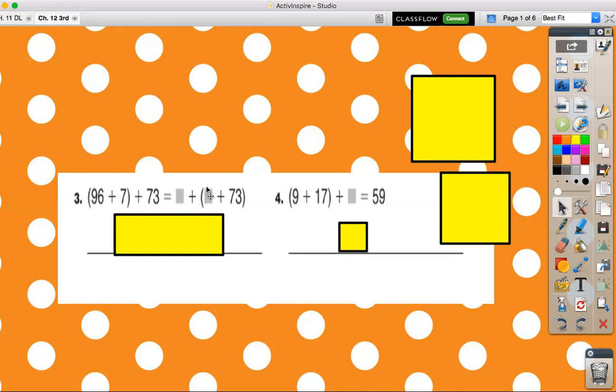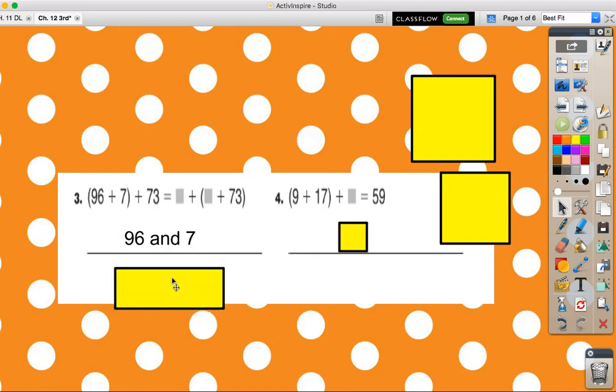What two numbers do we need to put in here so that these two sides can be equivalent to each other? If you said we still need to plug in 96 and 7, you are absolutely right. Good job.